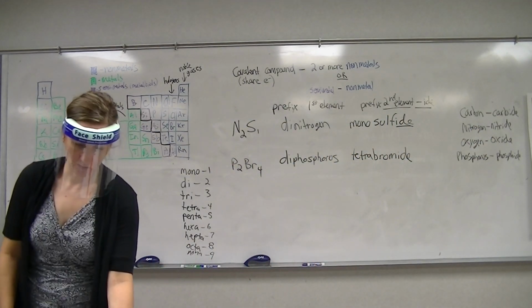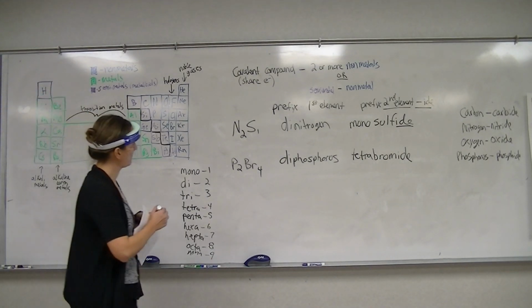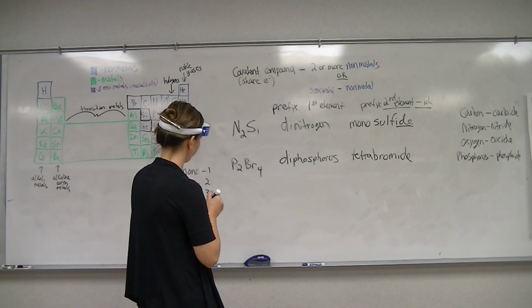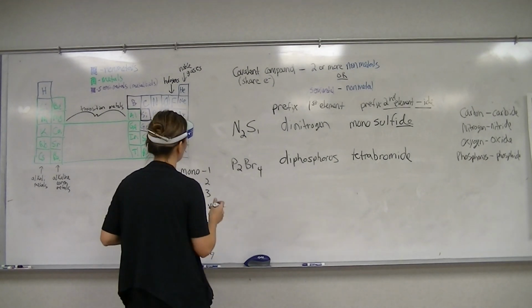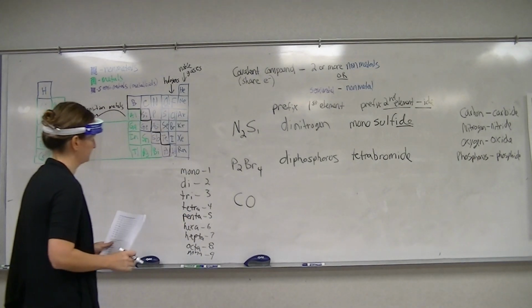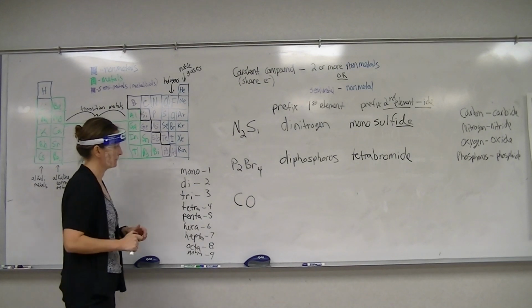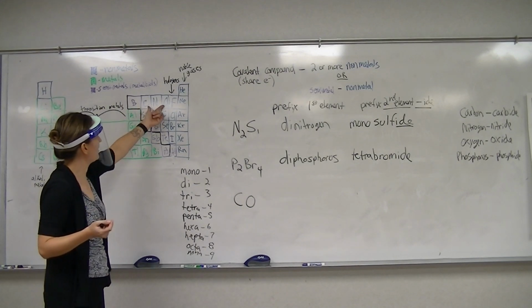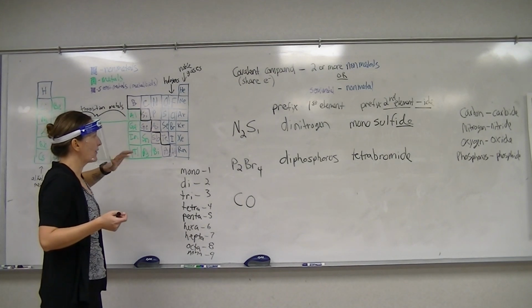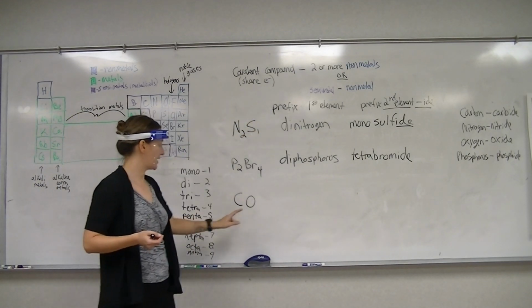All right, let's try another one. Now let's look at an exception to the rule. There's always exceptions to the rule, right? So let's do CO. If I was going to name this guy, it's covalent because we have carbon and oxygen. They're both nonmetals. Now it tells me that I need to start with the prefix of the first element.